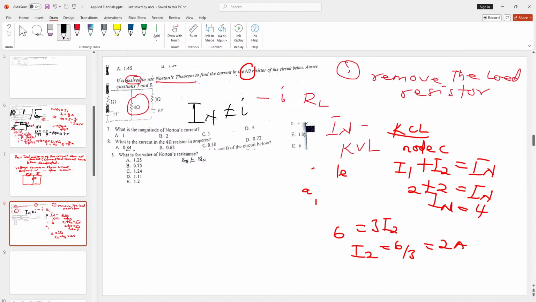Norton also has an equivalent circuit. Norton is also saying that any circuit, regardless of how complex it is, can be reduced into an equivalent circuit that looks like this.